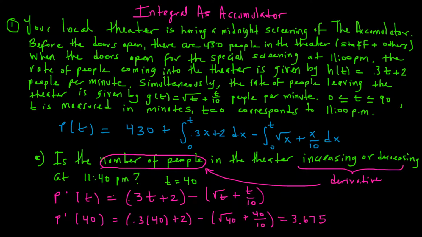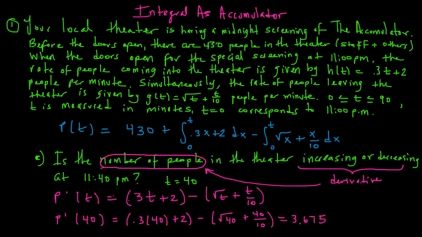This is just me letting you know in the video how I'm getting my values. But this line here, you don't have to show it. You do have to show P prime of t, and then P prime of 40, you can go right ahead and just plug in the number and write down your answer. I got 3.675. Please do check my work. You should try this on your own and see if our numbers match.